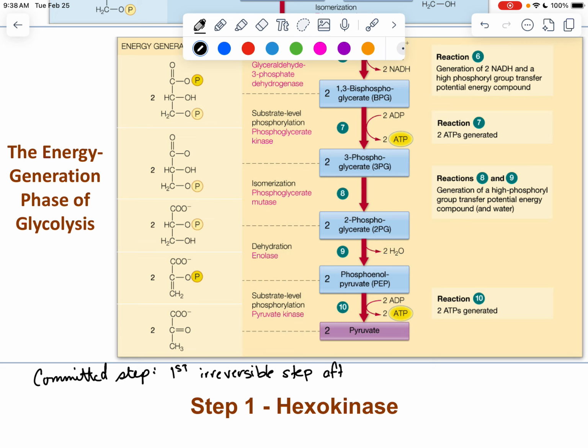After which molecules are committed, and I'm going to talk about, so we don't want to define a term using the same term, to the pathway.